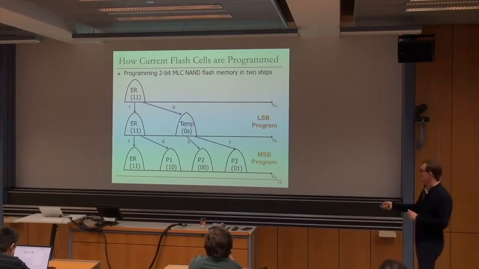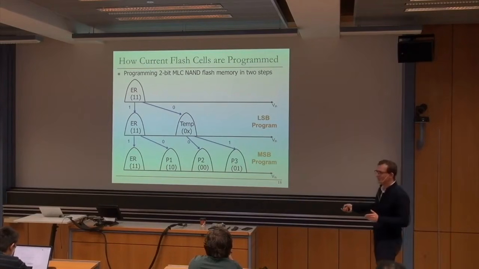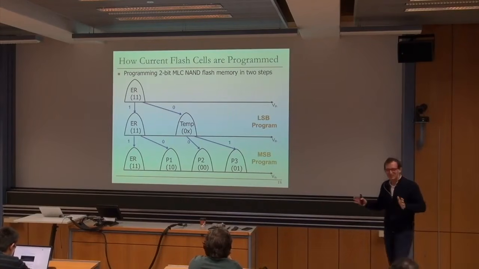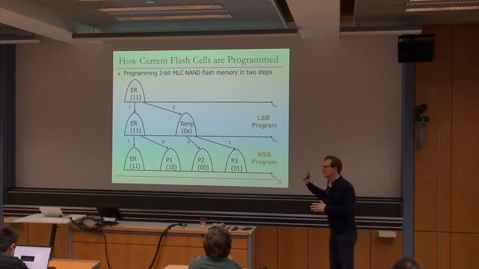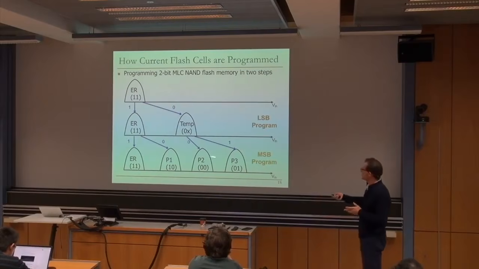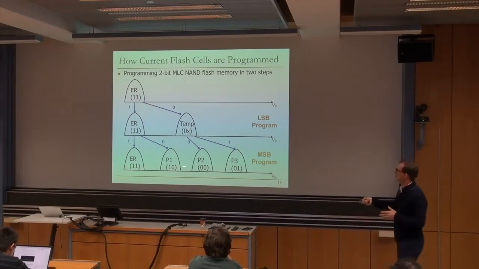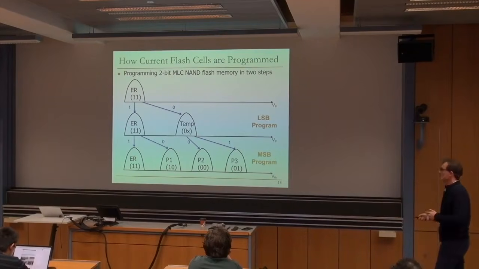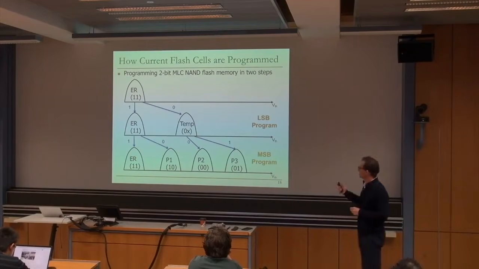The most significant bit is on the right, the least significant bit is on the left. So this is big endian, which I don't like, but that's how it happened to be. But basically, you program the second bit next over here. As a result, it's two-step, and this takes time. This takes time, and then this takes time. But it's more precise because you're doing it in 2 steps.